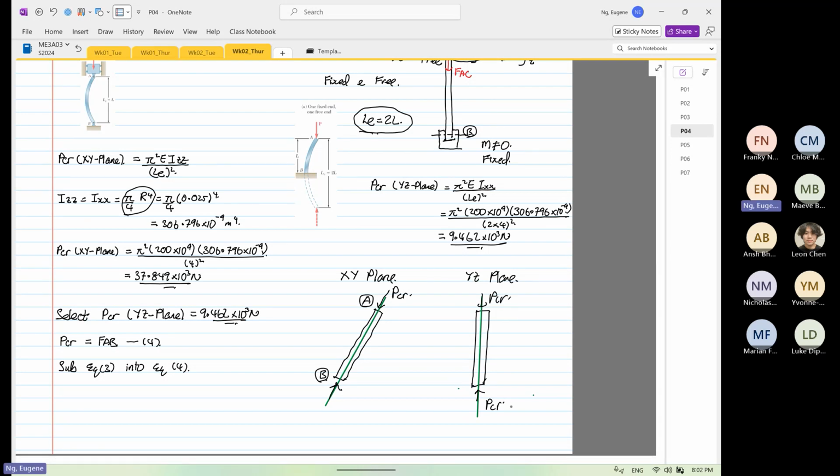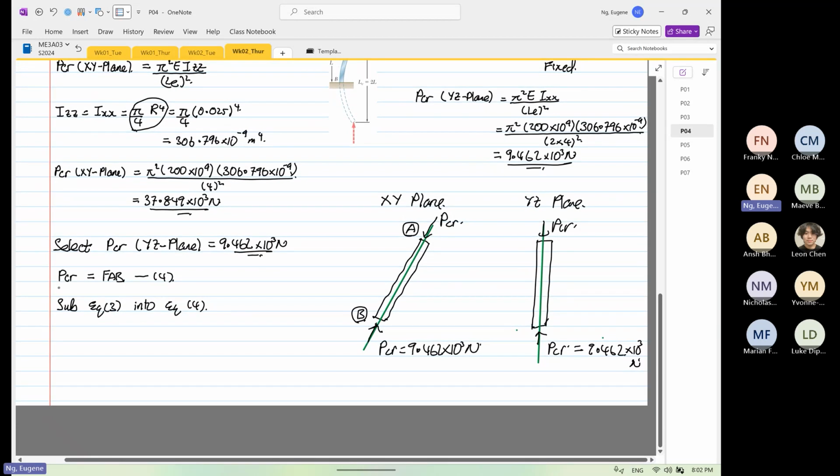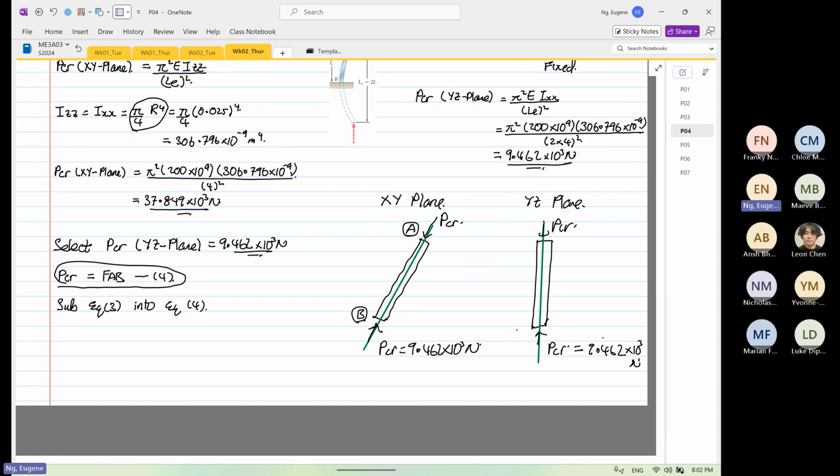So we have selected the PCR to be equal to what? 9.462 times 10 to the power 3 Newton. So in the XY plane, the load applied along the axis, PCR, is also equal to 9.462 times 10 to the power 3. So that's why we can formulate this expression over here.